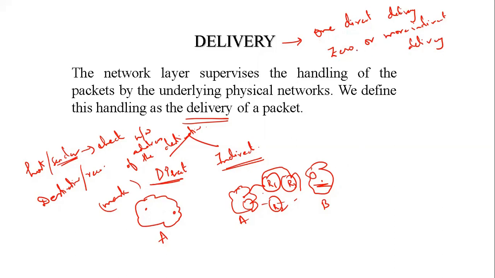But what about zero or more indirect deliveries? If we have a direct delivery, we won't have any indirect delivery. But in the case of indirect delivery, we will have one direct delivery, and however many hops occur from one router to another, those will be the number of indirect deliveries. And always the last delivery is the direct delivery, from the router in the network to the destination.